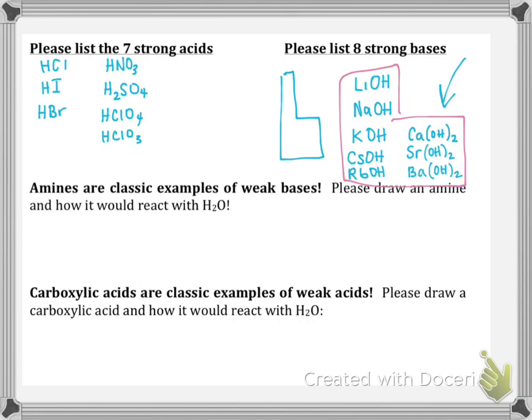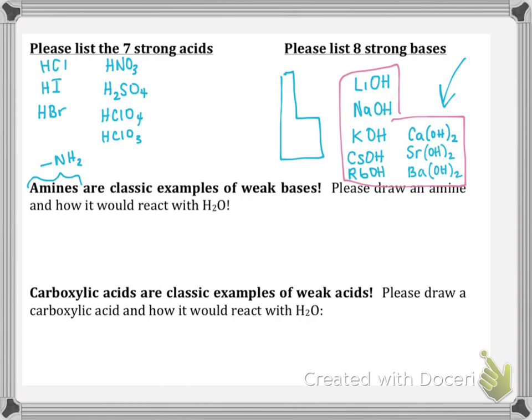Okay, so then they go on to say that amines are classic examples of weak bases. So amines, if you remember your functional groups from Chem 110 or other classes, are oftentimes written like this. And it's a nitrogen with three bonds and one lone pair.